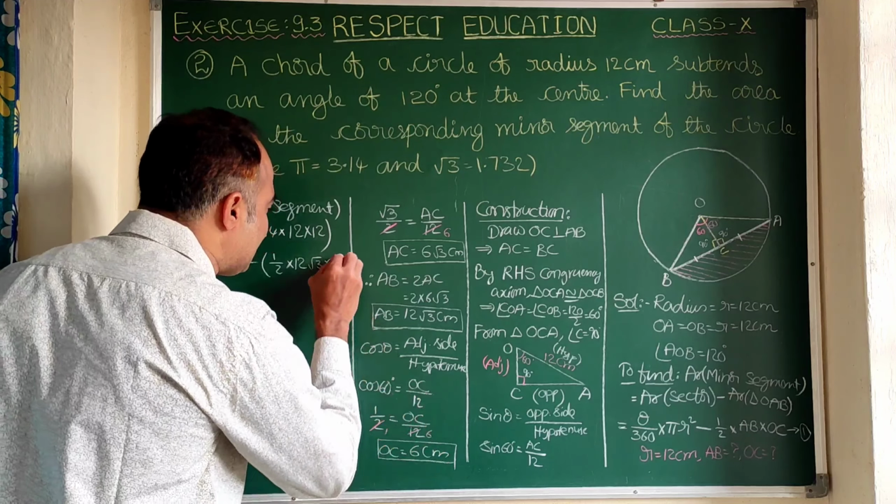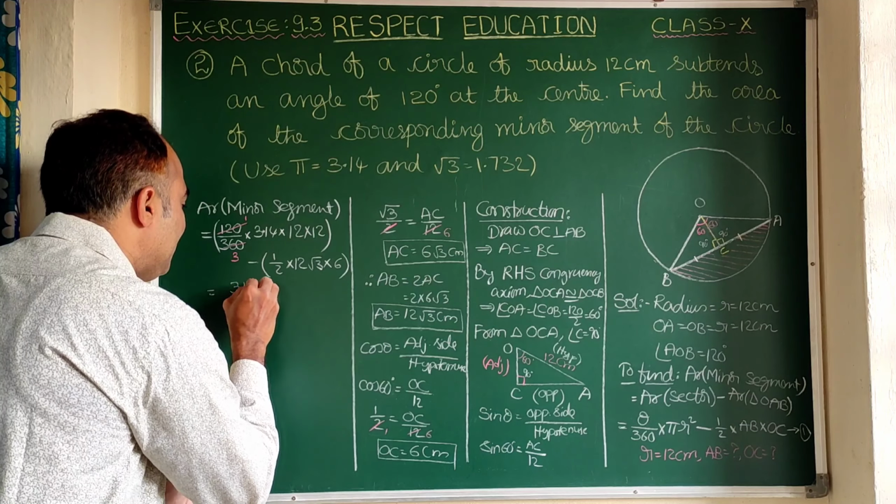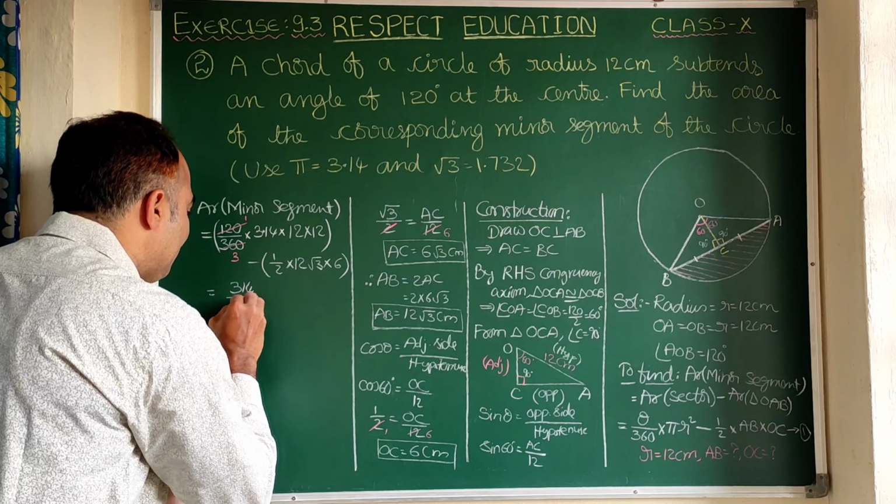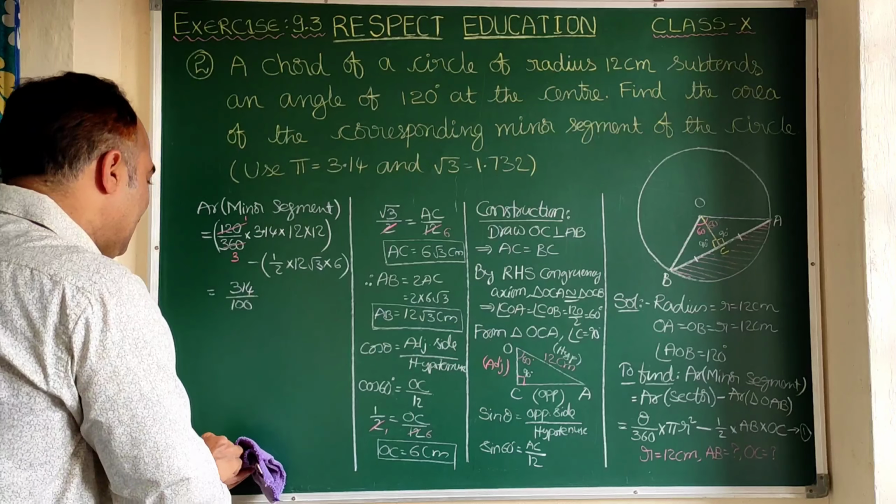On cancellation, 120 ones are 120, 120 threes are 360. Right. Now, let us simplify this. 1 into 3.14 is 3.14. I am writing 3.14 as 314 by 100. Here 1 by 3 is there. Let us cancel this 12 with this 3: 3 fours are 12.